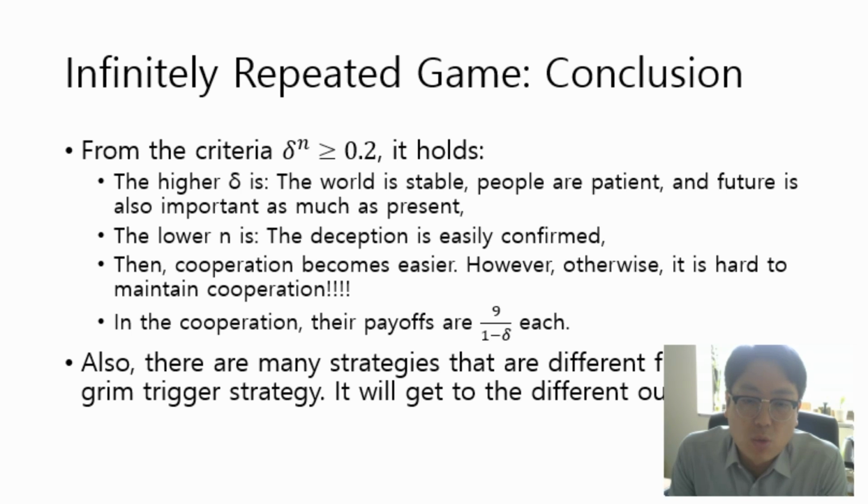This is just one result we can get from the grim trigger strategy. However, if people are playing different strategies, then we can also get different results. Anyway, you may apply this idea in your model. Maybe not, but I think it will be helpful for you. I'm stopping here.